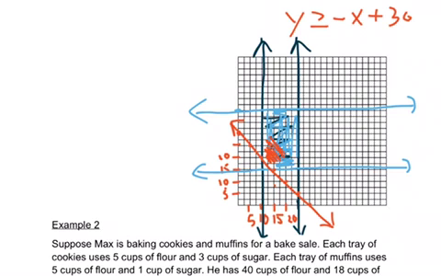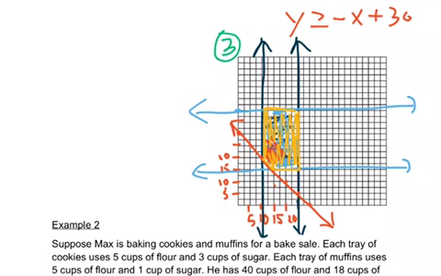That x plus y is more than 30. So my solution region is this region right here. It's all of this stuff. By the way, this is step 3, graphing your system.